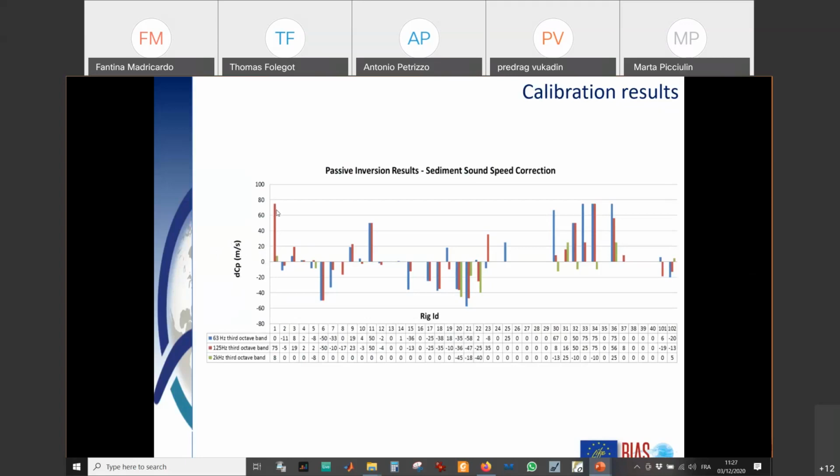Typically the compressional speed in the bottom is about 1,600 up to 1,900 or 2,000 meters per second.